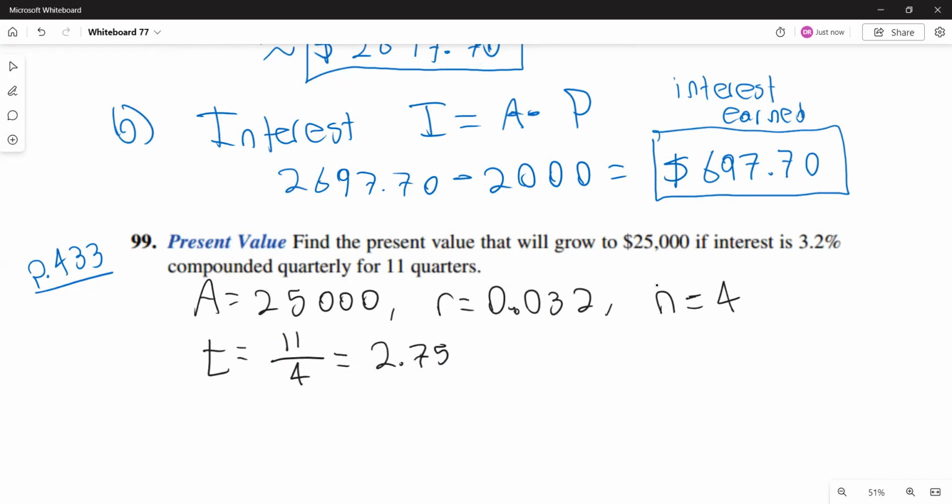So 2 years and 3 quarters of a year. We are going to find P. So P, the principal, times 1 plus the interest. This is times, not equal.